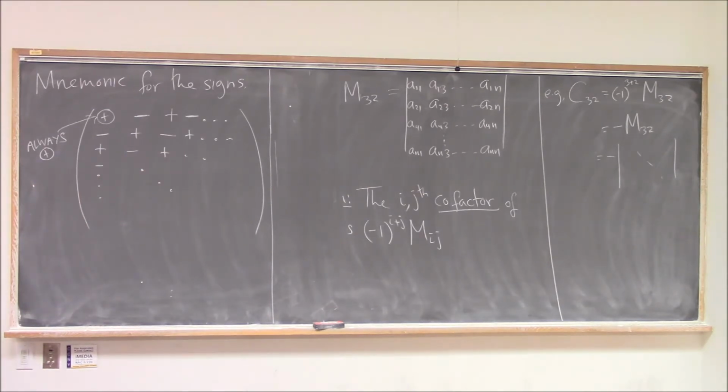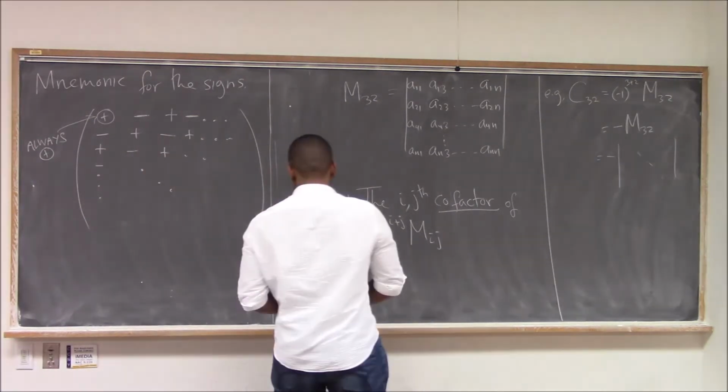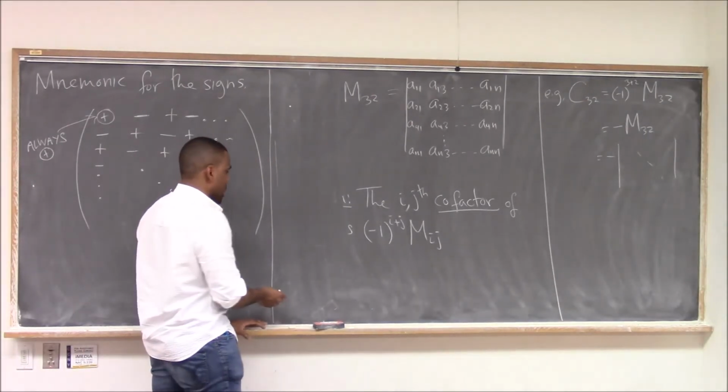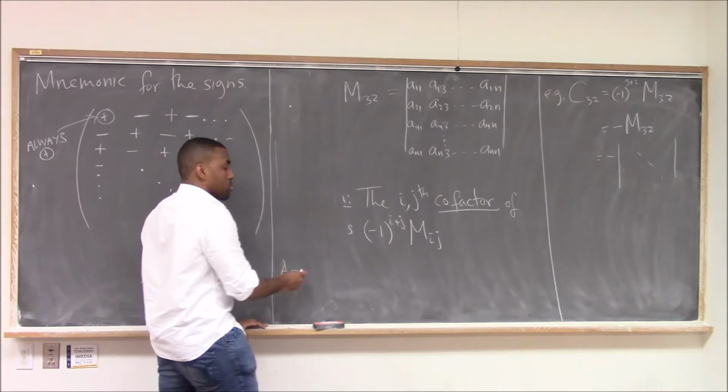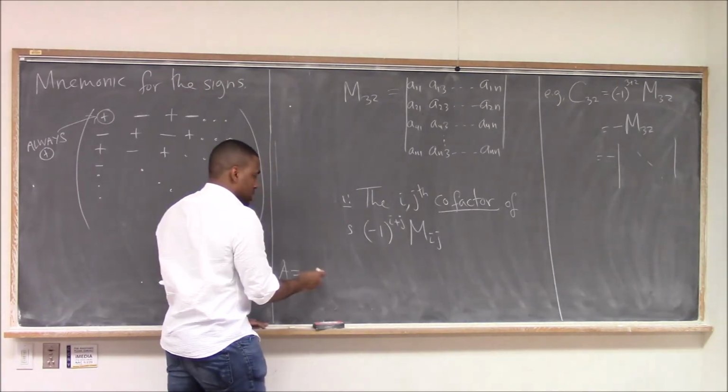Then you got C32. Remember what we were doing in the very first example, where we had the 2 by 2. I don't know if you copied it. Yeah, I did. And so the area was what? Before we simplified it to AD minus BC, that had a bunch of things, right?